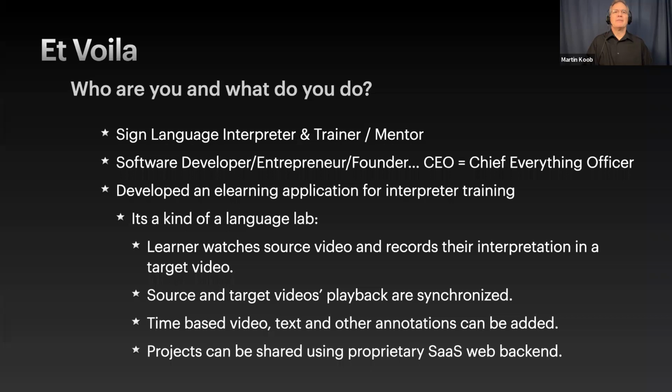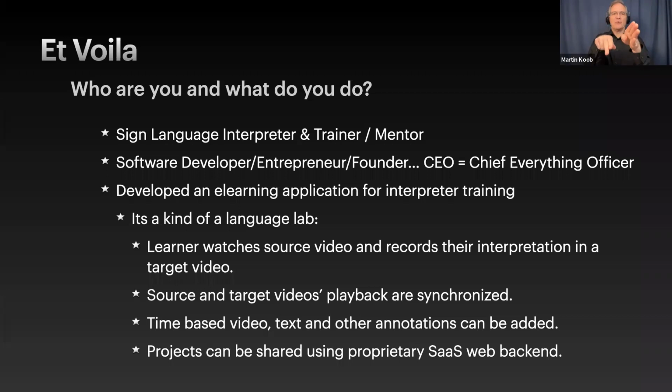Anyways, I developed an e-learning application for the interpreter training I was doing, and it's kind of a language lab. The learner watches the source video, they record their interpretation as the target video, and then when it's played back, the two videos are side by side and the playback is synchronized. As they play it back, it synchronizes with whatever they saw while they were watching.